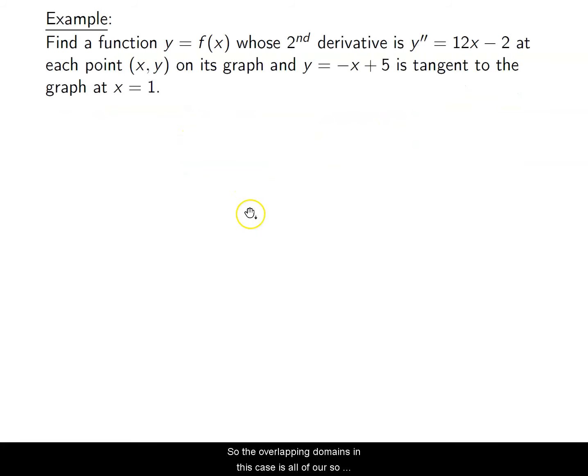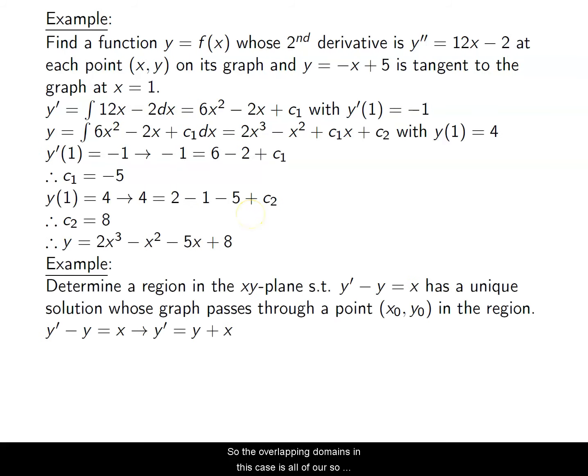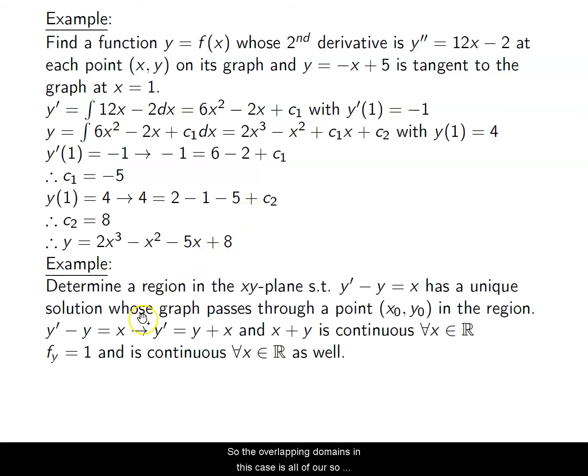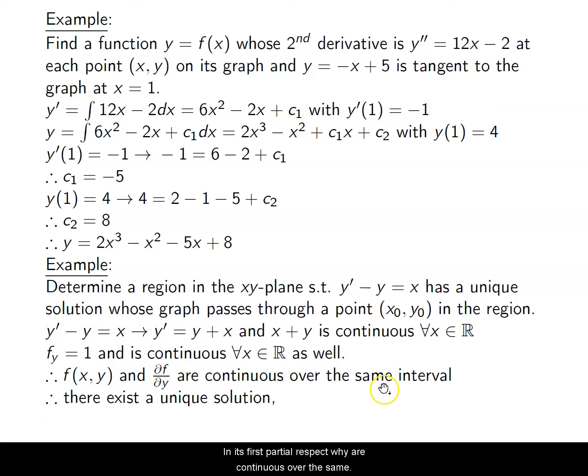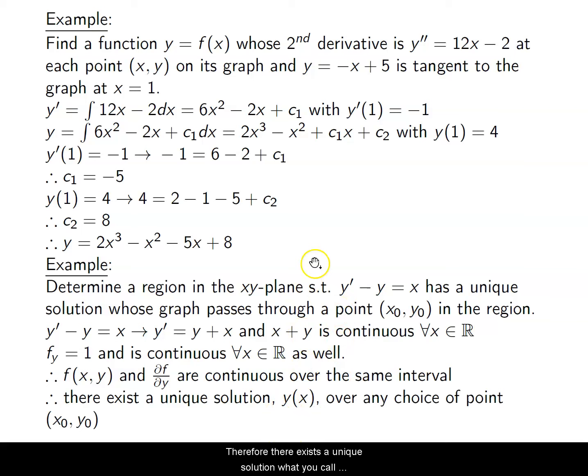Their overlapping domain in this case is all of R. So this will have a unique solution over all of R. Therefore that function y plus x and its first partial with respect to y are continuous over the same interval. Therefore there exists a unique solution, which we call y of x, over any choice of point x naught, y naught in the xy plane.